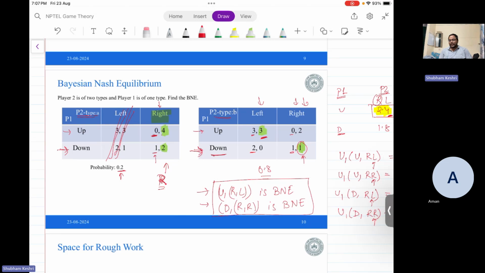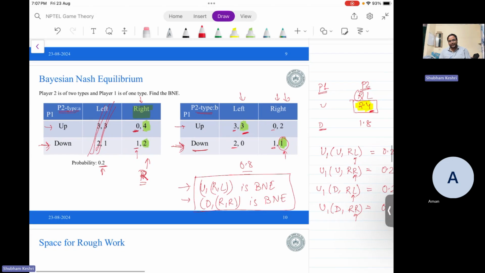You just check this out again. I'll just keep this slide here for 1 minute. If you have doubt, then just ask again. Then we'll move to the next problem. So there are two Bayesian Nash equilibrium for this game.